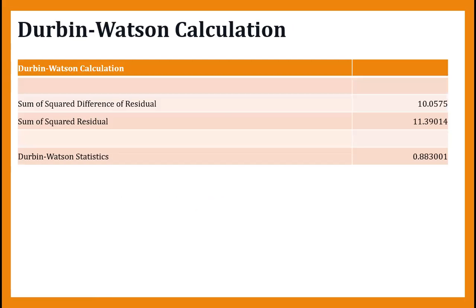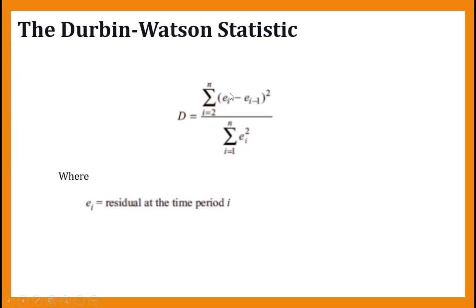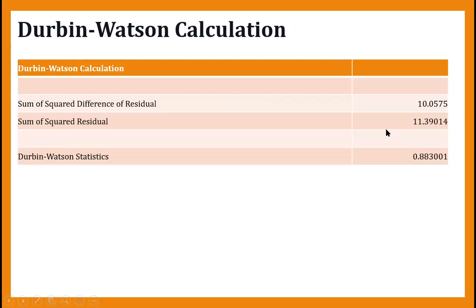In our example, to calculate the Durbin-Watson statistic, we need the sum of squared differences of residuals, which is 10.057, and the sum of squared residuals, which is 11.390. The statistic is calculated by dividing the sum of squared differences of residuals by the sum of squared residuals, and we get the value of the Durbin-Watson statistic.